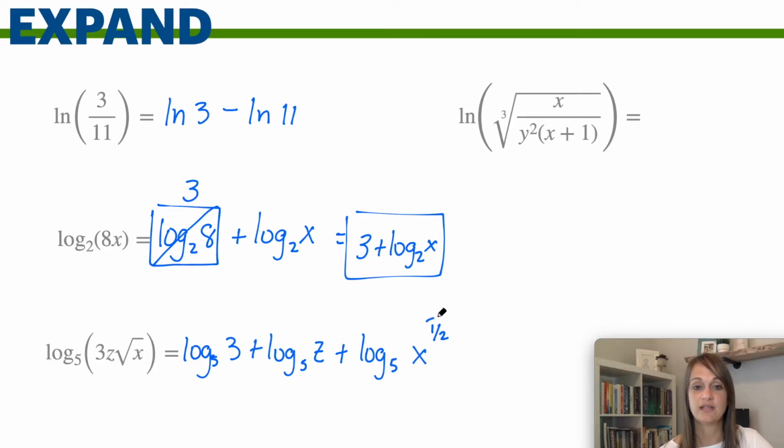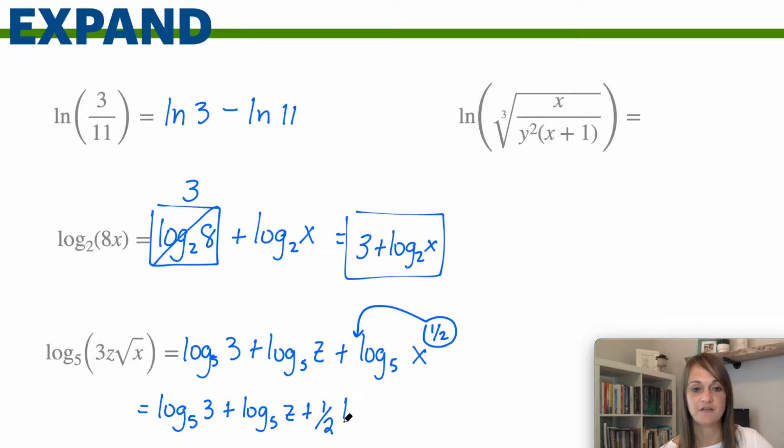And we learned that anytime you have an exponent, you can throw it out front. So your final answer would be log base 5 of 3 plus log base 5 of z plus 1/2 log base 5 of x.